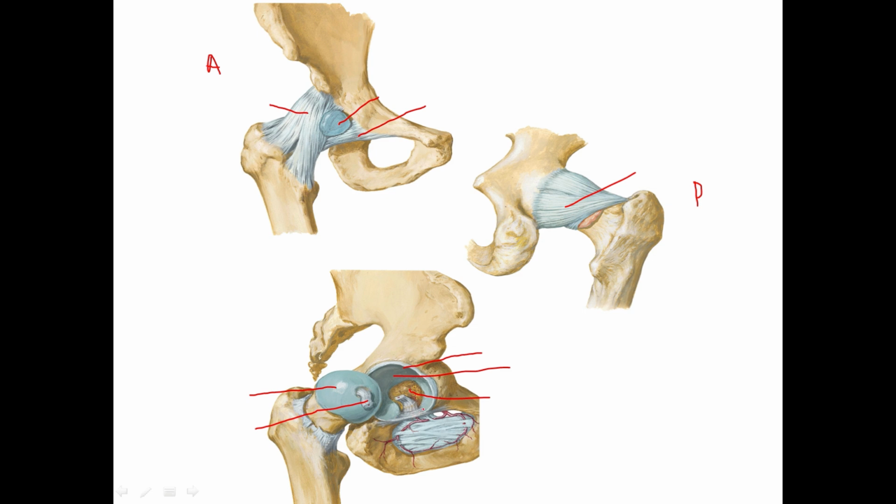This lunate surface downside is also having the ligament. We call that transverse acetabular ligament. Except that, in the obturator foramen, you can also see that it is covered with the membrane, that is the obturator membrane.